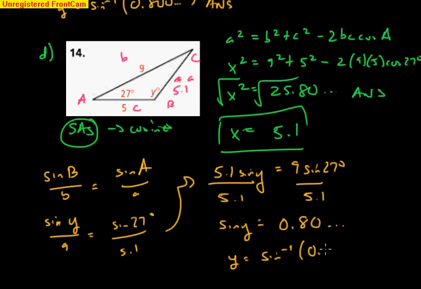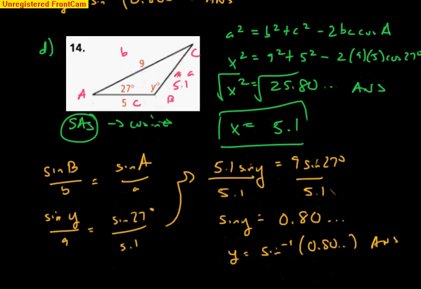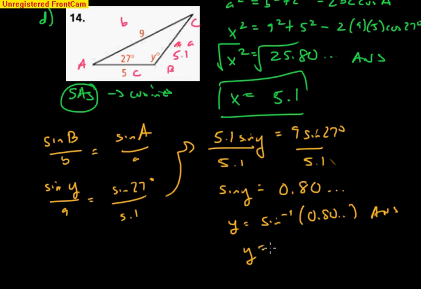So inverse sine of this, 0.80... And I take second sine for the inverse sine, second negative for the answer. And I get 53.2, and that is what y is. So I'll slide down just a little bit. y equals 53.2, and it's an angle, so it's in degrees.